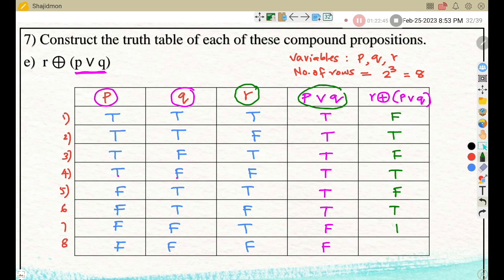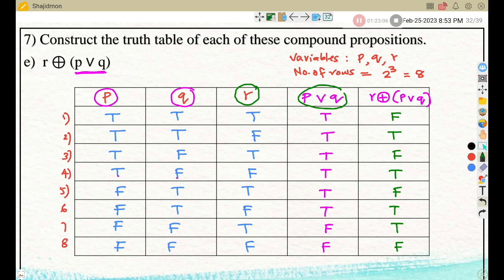True and false, it becomes true. False and false, it becomes false. Hope you understood that one. Okay, hope you understood this table. So this is the question related to this expression, this truth table.